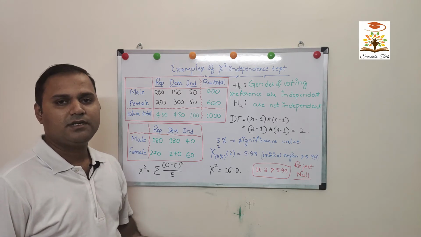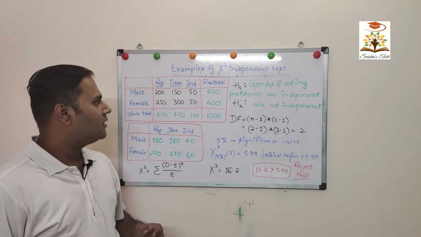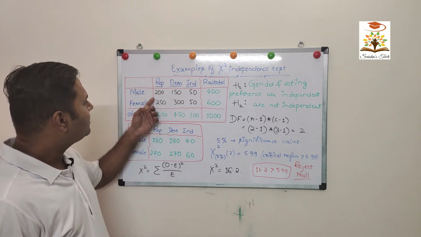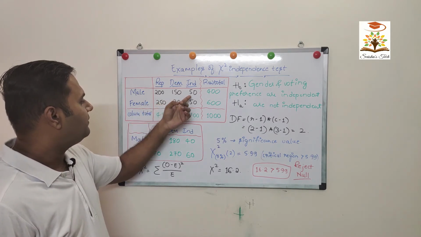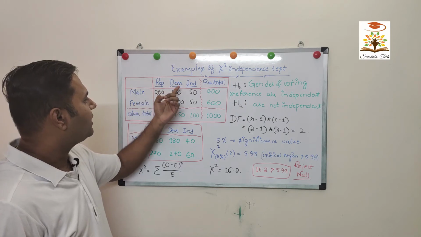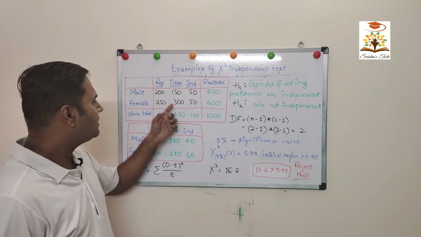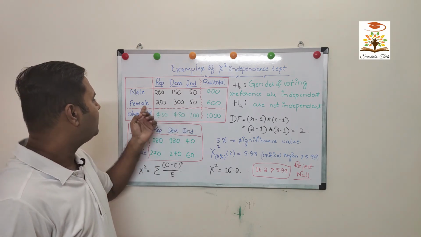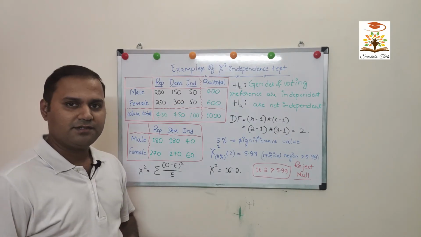We want to achieve this using the chi-square independent test. The observed values which we have collected are 200, 150 and 50 male voters for Republican, Democratic and Independent. Similarly, 250, 300 and 50 are the female voters for Republican, Democratic and Independent.